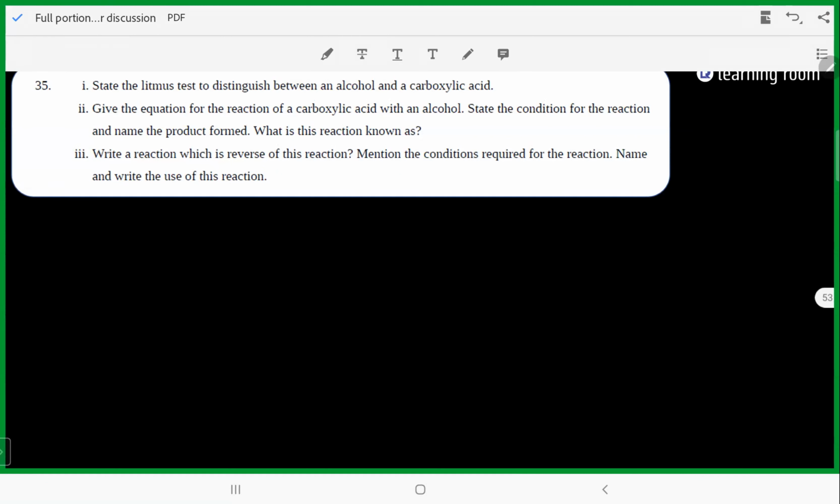So yes, alcohol and carboxylic acid can be distinguished by the litmus test. For the first question: alcohol plus litmus, no effect.